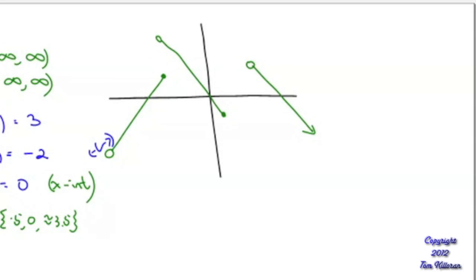What's the coordinate of this point here? (-2, 1). This one way up here? (-2, 5). This one way down here? (1, -1). And this open one up here? (3, 2).